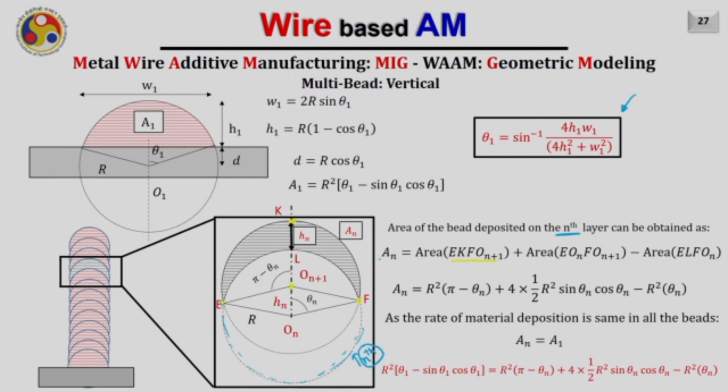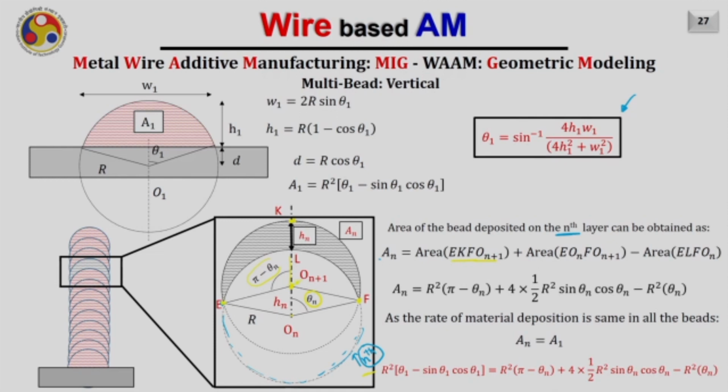This area can be easily obtained because we already know this angle, which is theta n, subtended by the nth bead at the center. Now, we can find out this particular angle from the vertical axis to the line joining the center of the above bead and the point of intersection.